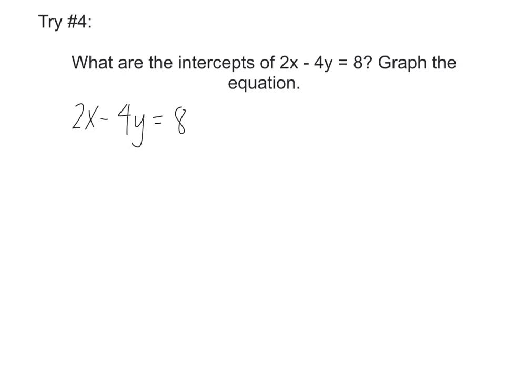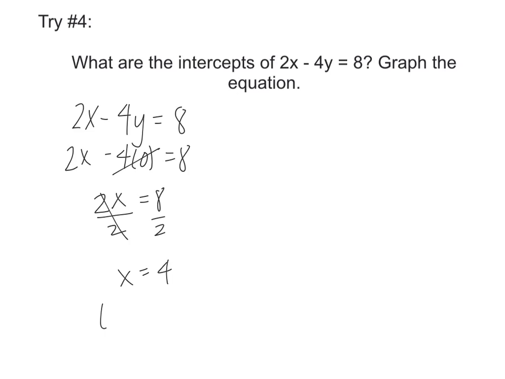So I'm going to start by finding the x-intercept. So I'm going to say 2x minus 4 times 0 equals 8. That will go away. I'm going to have 2x equal to 8. If I divide by 2, x equals 4. So our x-intercept is 4, 0.